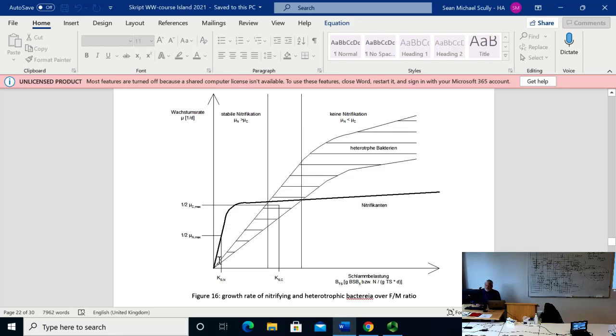The nitrifiers are pretty well defined, and it is well known from growth surveys by microbiologists that at a rather low F/M ratio they already have very close to the maximum growth rates.